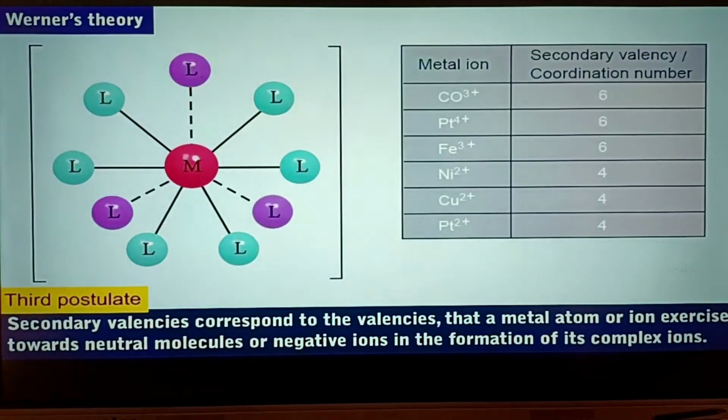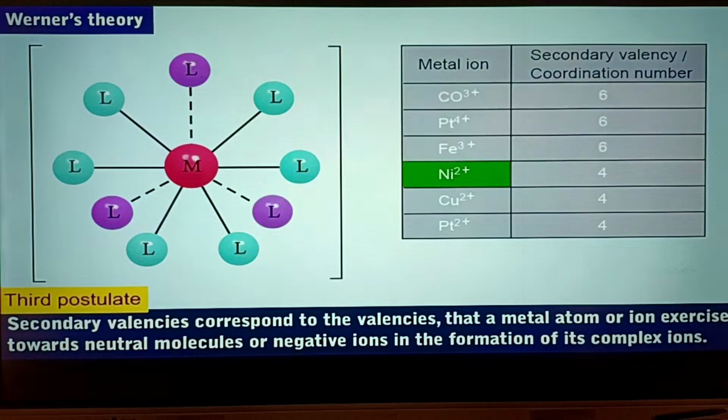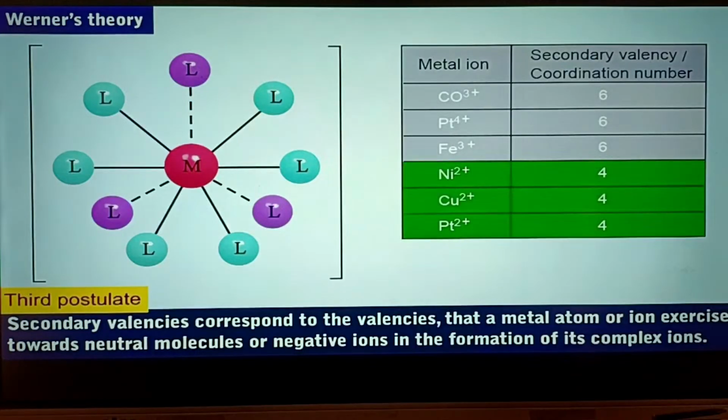For example, cobalt 3+, platinum 4+, and iron 3+ ions are recognized to have a coordination number of 6. Similarly, nickel 2+, copper 2+, and platinum 2+ ions have a coordination number of 4.